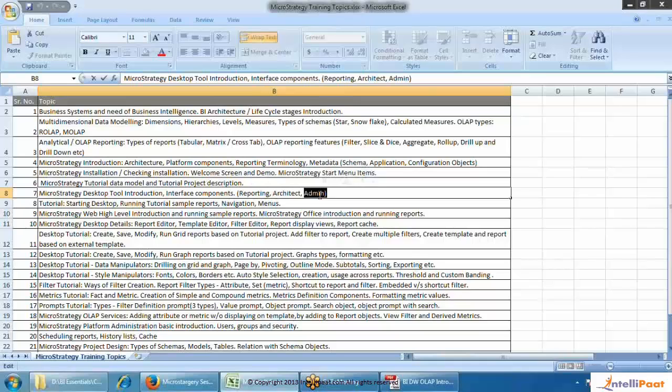Administration we will not get too much into, but we will focus on this part, report creation, and then once we are done, we will also give some time to how to create models. This is the Desktop Designer tool where you actually churn out reports. It means you create the report definitions out of the model.